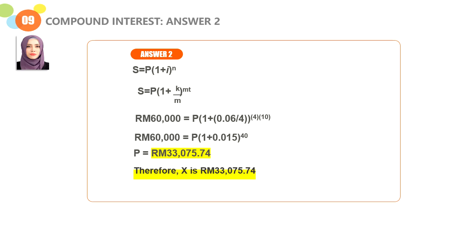This brings P equal to RM33,075.74, which means X is RM33,075.74.